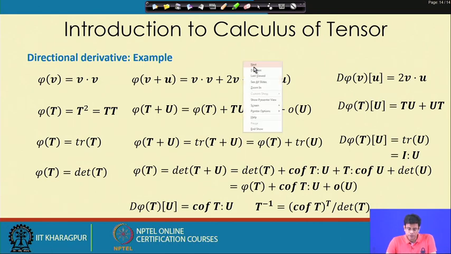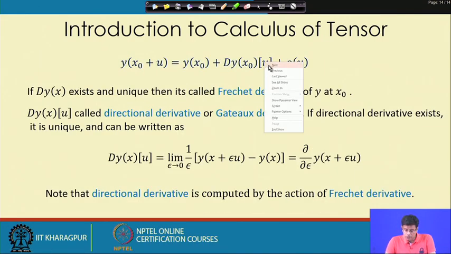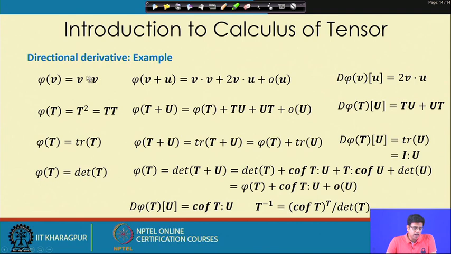Suppose we want to take the derivative of a function which is v dot v, where v is a vector. It is a scalar function, since the dot product leads to a scalar. So, what is the directional derivative?